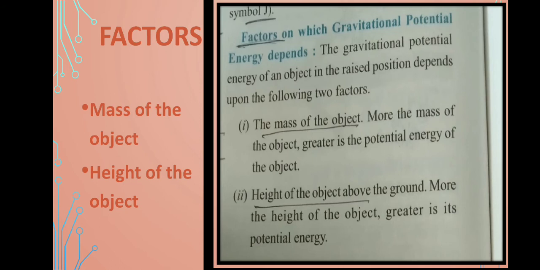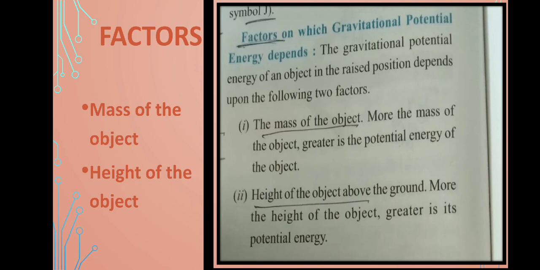Now, more the mass, greater the potential energy. If you lift a small stone to some height and drop it down, it will hurt someone, right? But if you take a bigger stone, it will hurt more if you take it to the same height. So more mass, more potential energy.